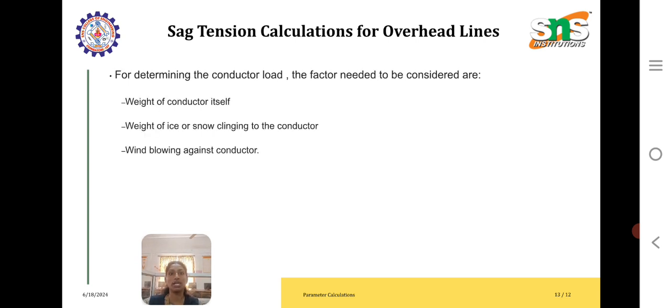For determining the conductor load, the weight of the conductor, the weight of ice or snow clinging on the conductor, and wind blowing against the conductor have to be considered, because as I have already said, the transmission line is in a free open space. So we have to consider all the surrounding things like ice, snowfall, and wind blowing against the conductor.